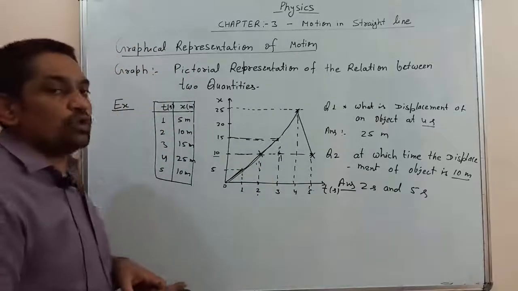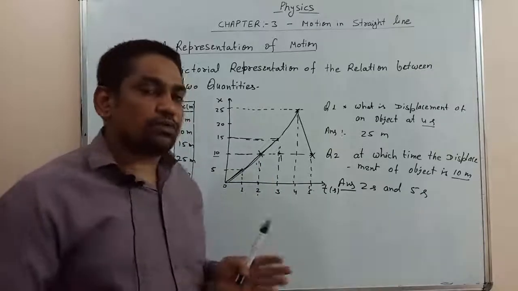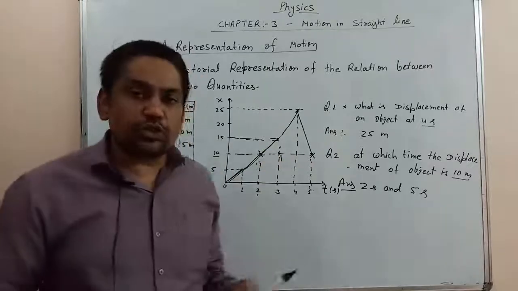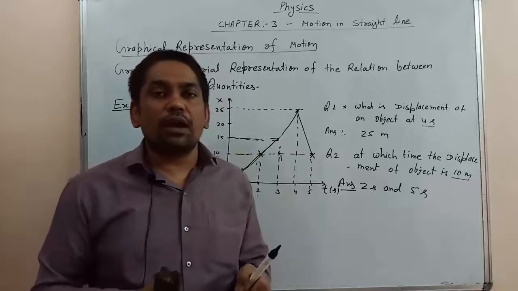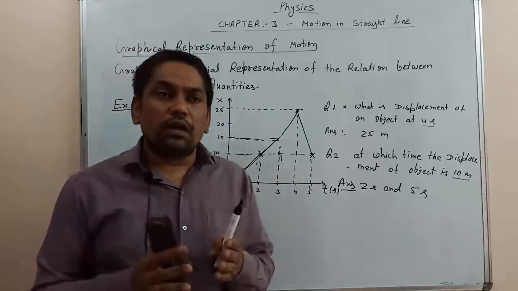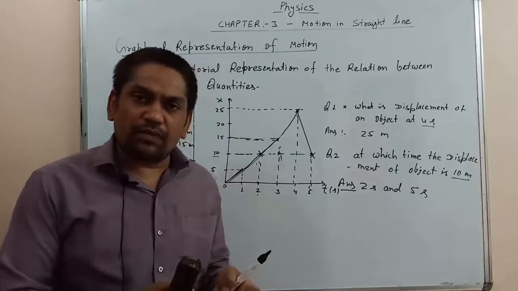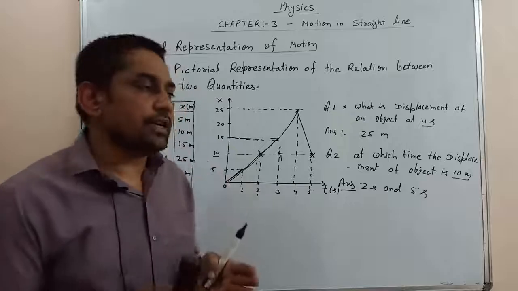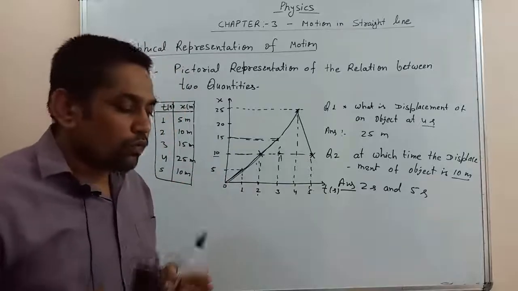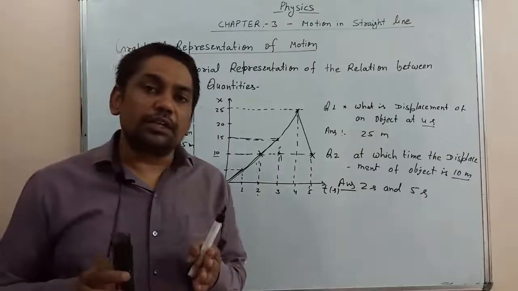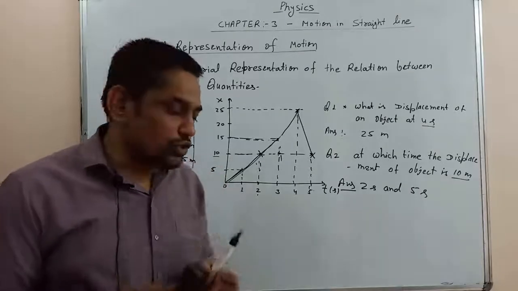So you have to prepare both types of questions. In motion we study mainly three types of graphs: displacement and time graph, velocity and time graph, and acceleration and time graph. First of all we discuss the displacement time graph or position time graph.